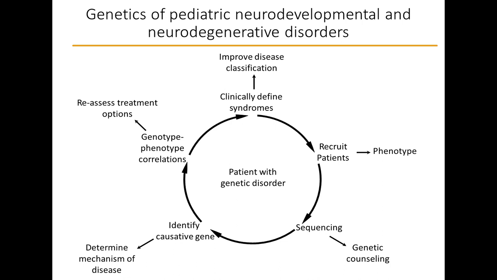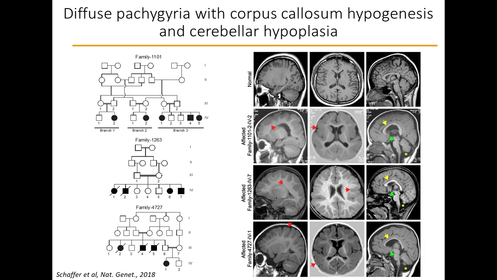We then perform functional assays in the lab to assess the pathogenicity of the variant and determine the mechanism of disease. We will take this information from the lab and work with our collaborating physicians to reassess patient treatment options, improve disease classification, and better define clinical syndromes.